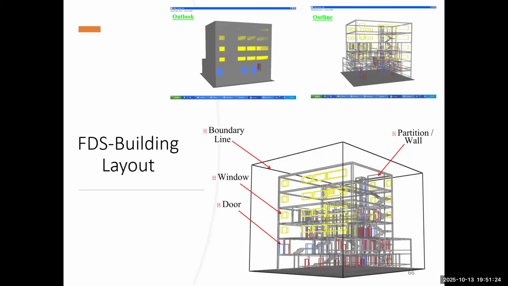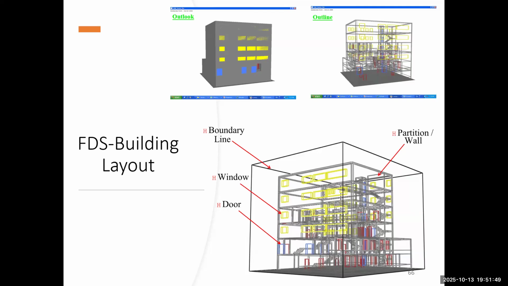Okay, so that is our fire dynamics simulator building layout. Regarding this necessity, let's look at what the fire dynamic simulation tells us. This is a 3D model of the building created in the fire dynamic simulator and visualized in Smokeview.